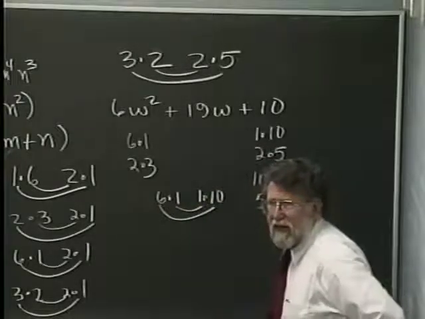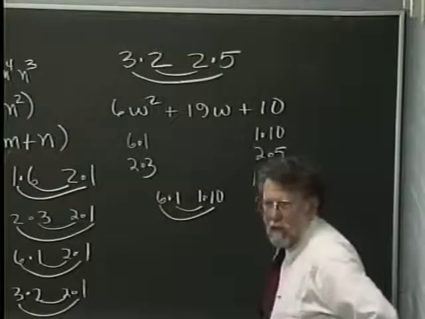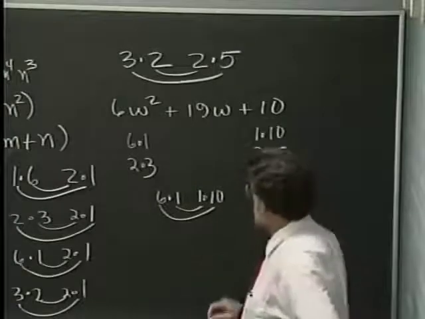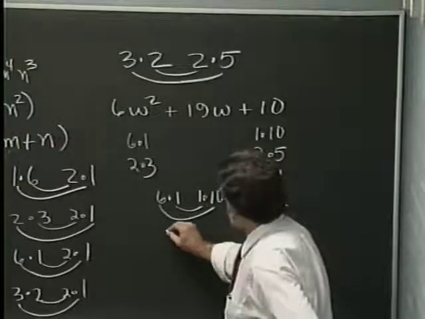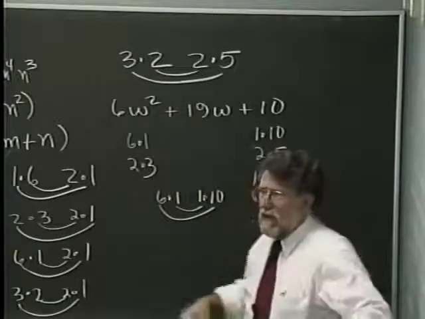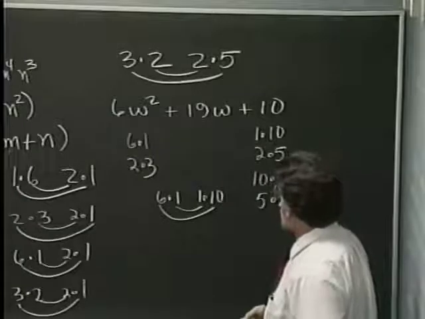Now what's necessary here? To multiply in your head and add. 60 and 1, that's 61. Is it a 19? No. So I can go 6, 1 here, or I can go 2, 3, and I don't know which way you see is going to work best for you.